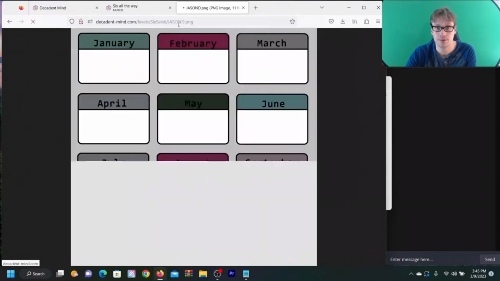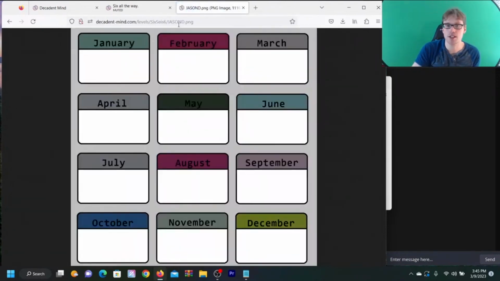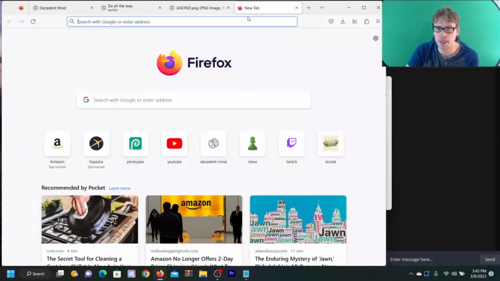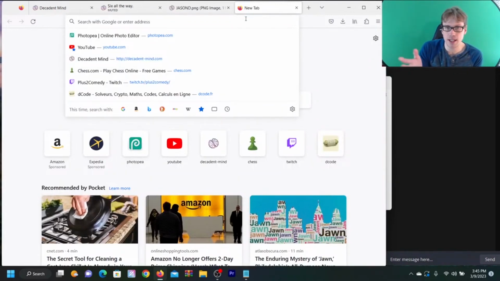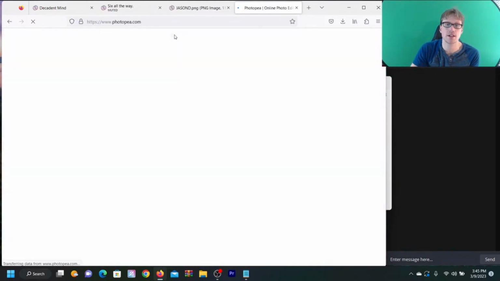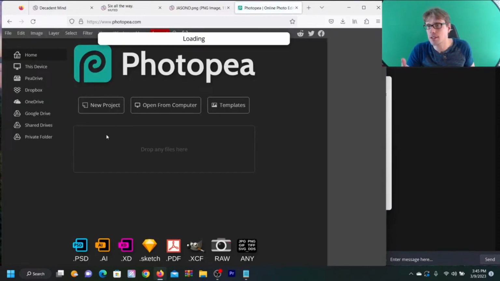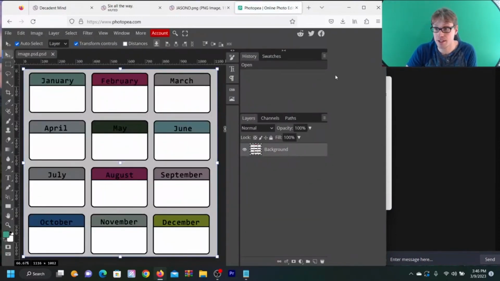Which brought us here. I think what we need to do now is we're going to go to Photo P. And we're looking for 6 letters. And the only way I can think of to get 6 letters is with the colors of each one of these name tags. So that's what we're going to do.